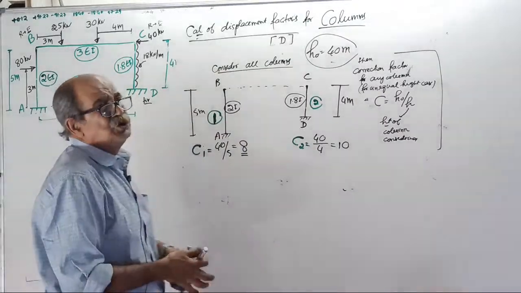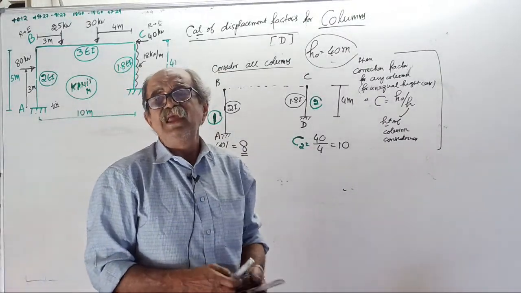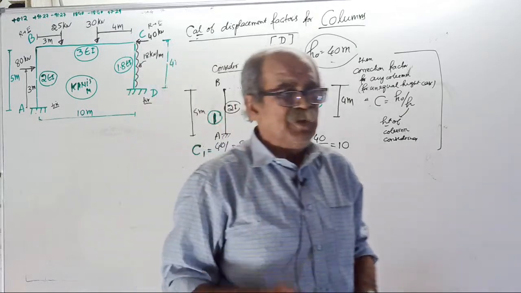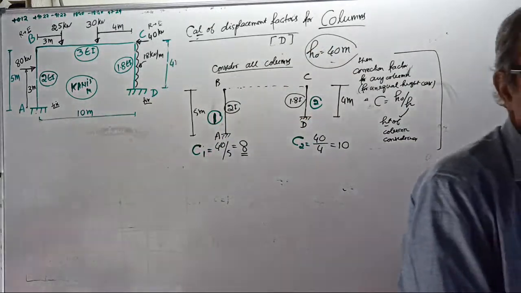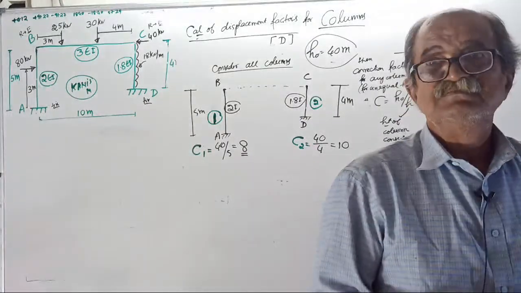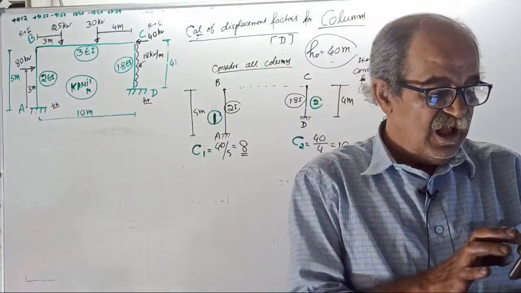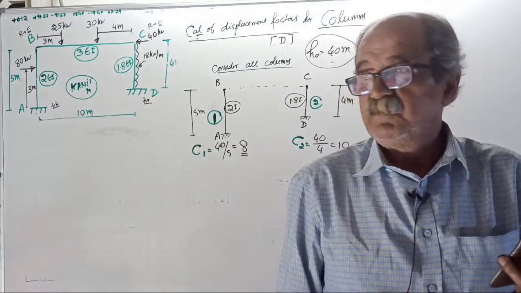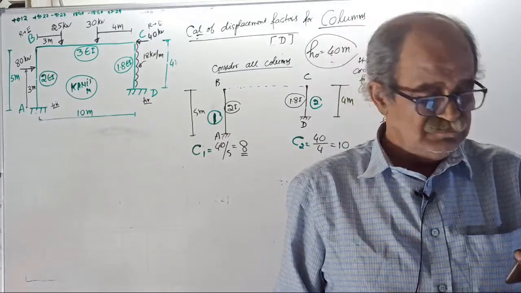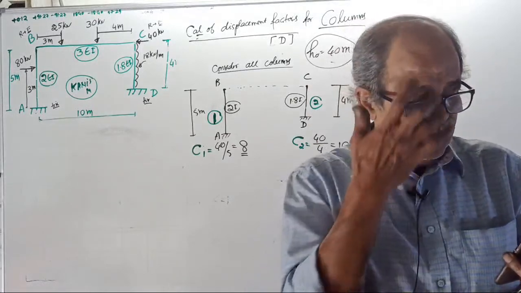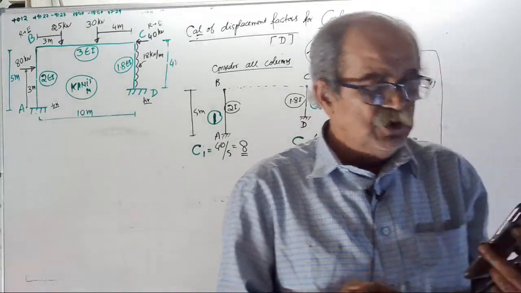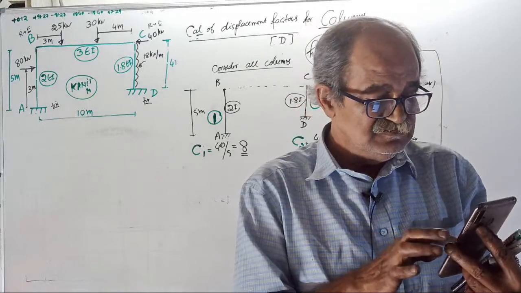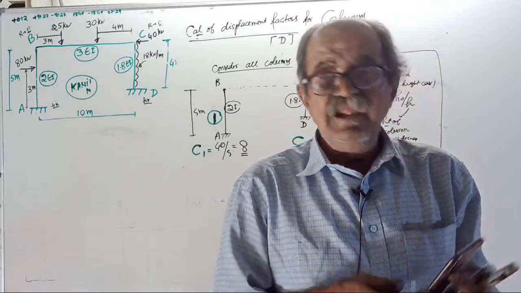Now, I want one more term, I by L for the column. See, usually I by L is what? Tell me. Usually you call it relative stiffness.